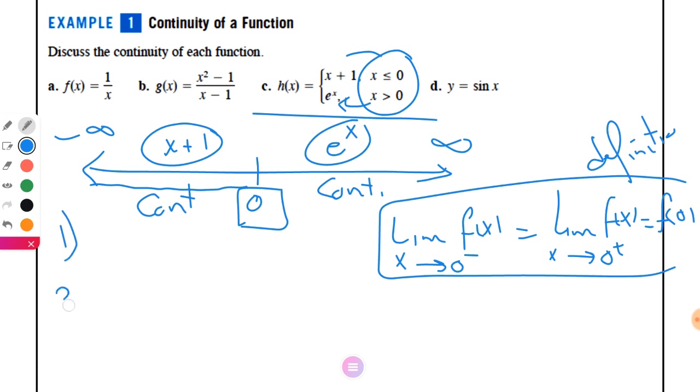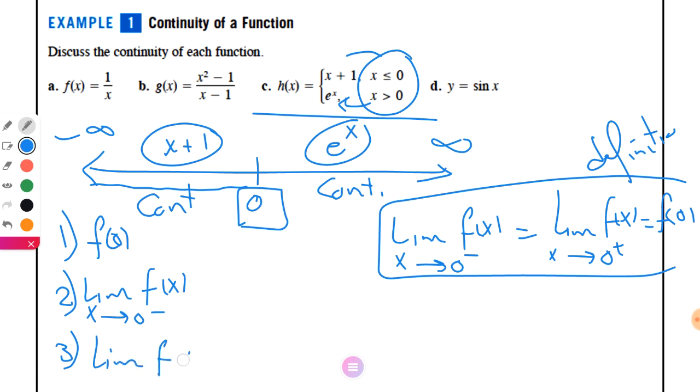So that is why, when we discuss continuity, I have to write 3 steps. Find f of 0, the limit of f of x when x approaches 0 from the left, and the limit of f of x when x approaches 0 from the right. For f of 0, I replace in the rule at which we have equal, so in the first rule, 0 plus 1 is 1. For the limit from the left, I replace in the rule at which x is less than 0, because left means less: 0 plus 1 is 1.